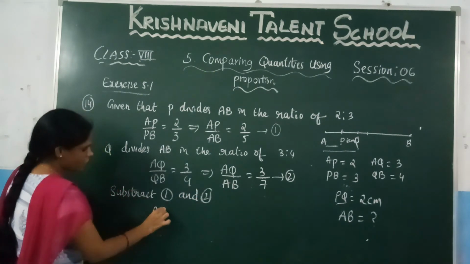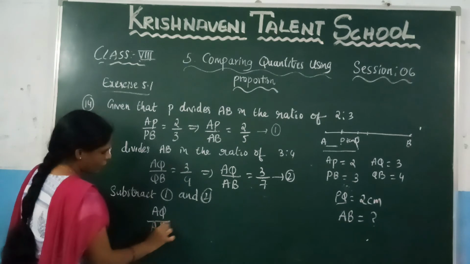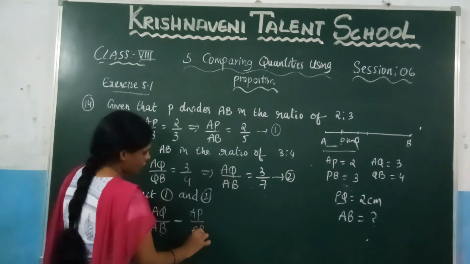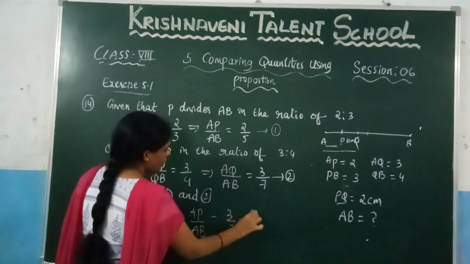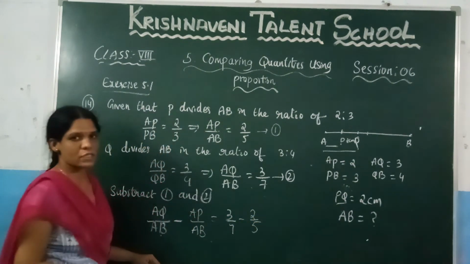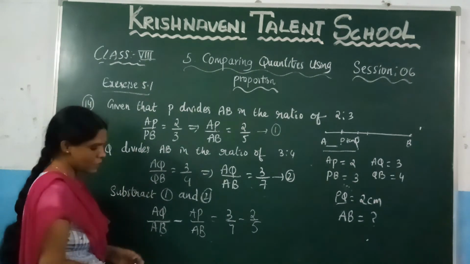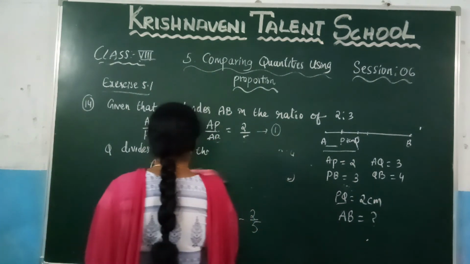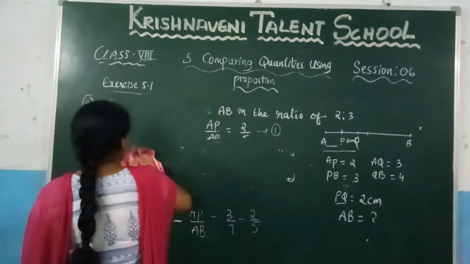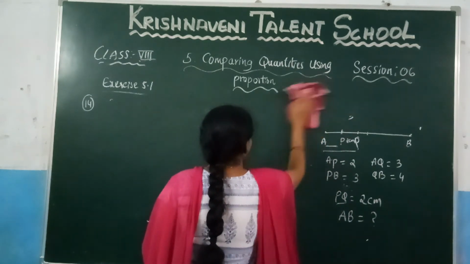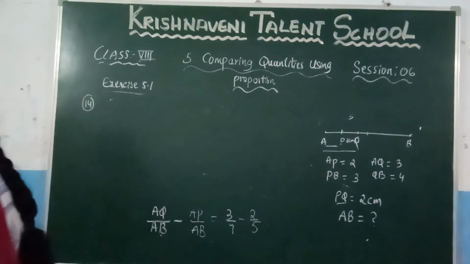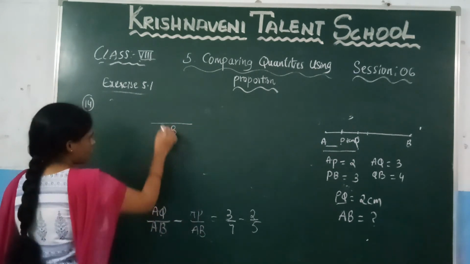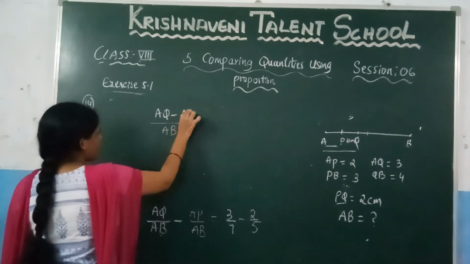So here what is this one, which is AQ by AB minus this one, which is nothing but AP by AB, is equal to 3 by 7 minus 2 by 5. Let us solve this one. So what we are getting here, if you take the LCM, you will get here AB, AQ minus AP.